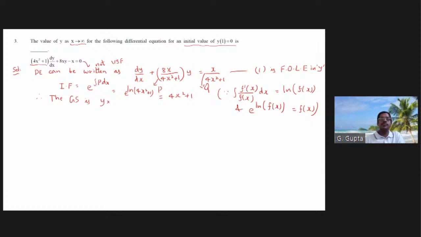y into IF, how much? 4x square plus 1, is equal to integral Q. Q how much? x by 4x square plus 1, into IF, that is 4x square plus 1, integrating with respect to x, that is dx plus c.